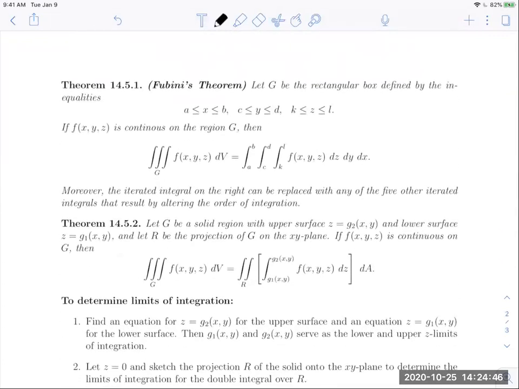All right, our next theorem, theorem 2, says let G be a solid region with an upper surface defined by g2 and the lower surface defined by g1, and then let R be the projection of G onto the xy plane.